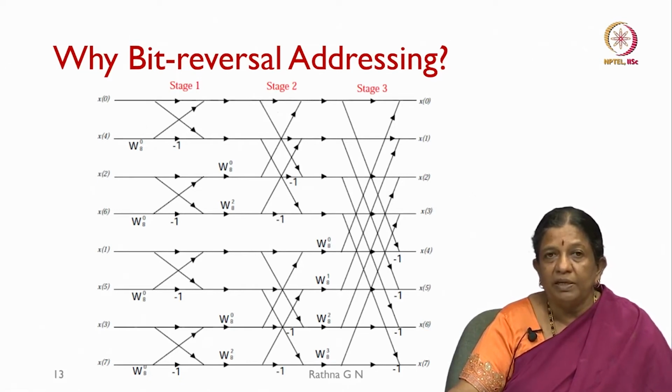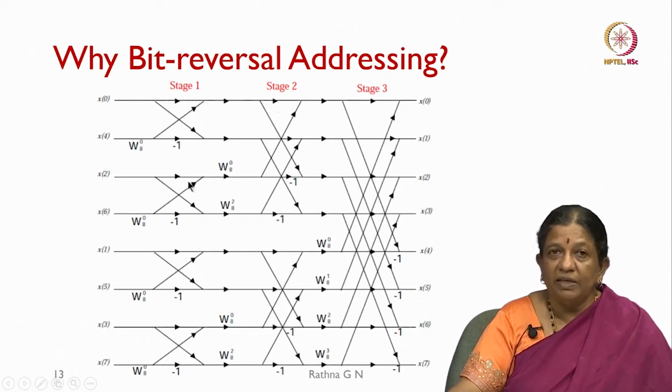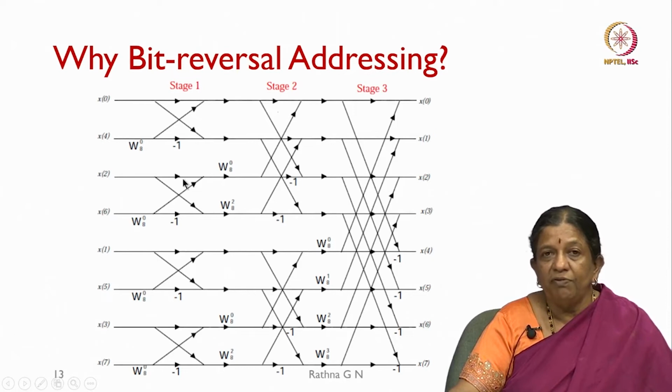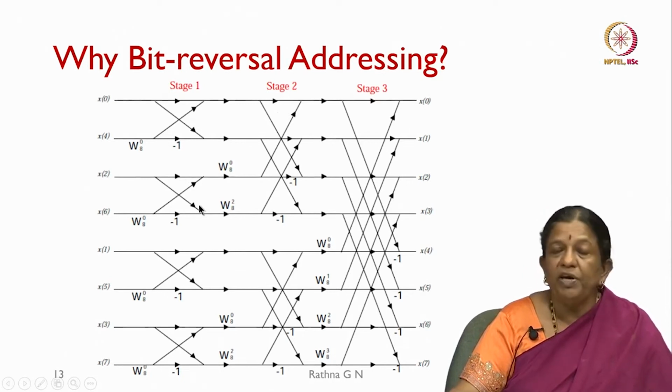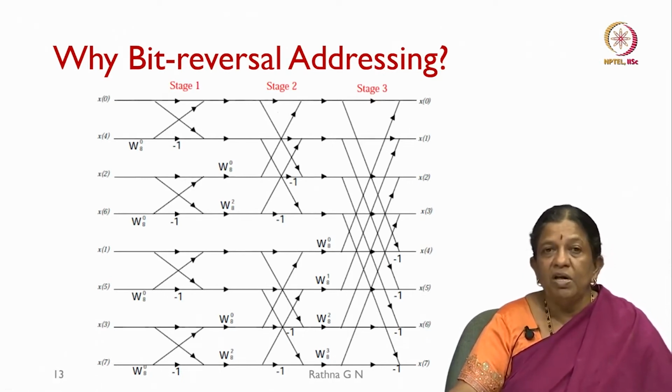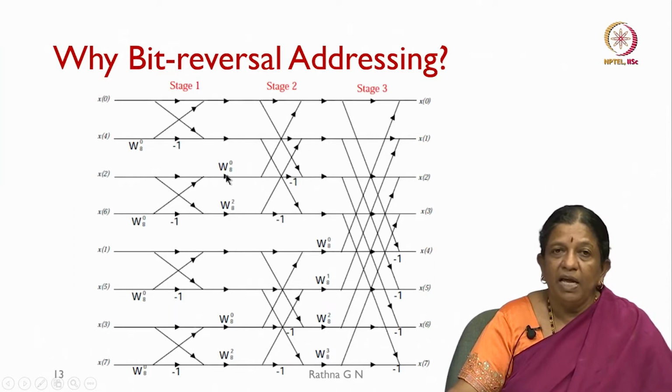This is the detail of the butterfly structure, as we call it, for 8-point FFT, which has 3 stages. The detail of this design and how we are going to implement it in real time we will discuss when I take up the FFT lecture.